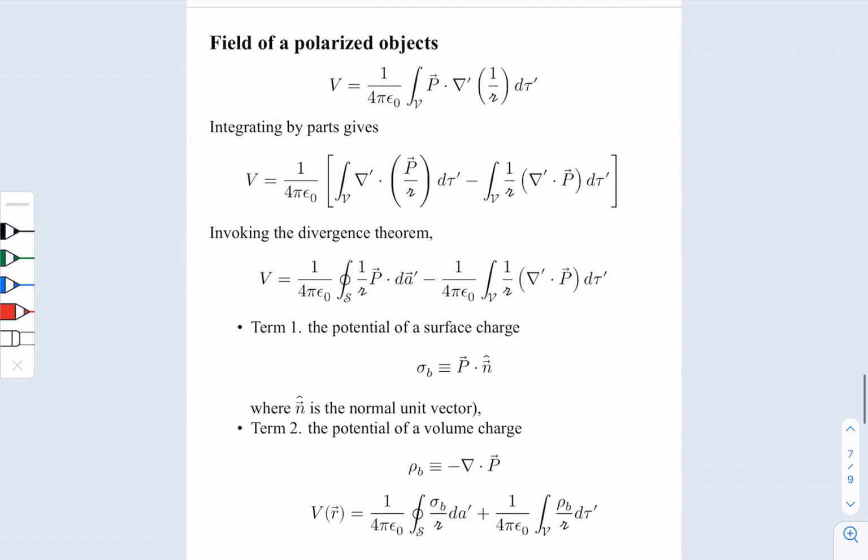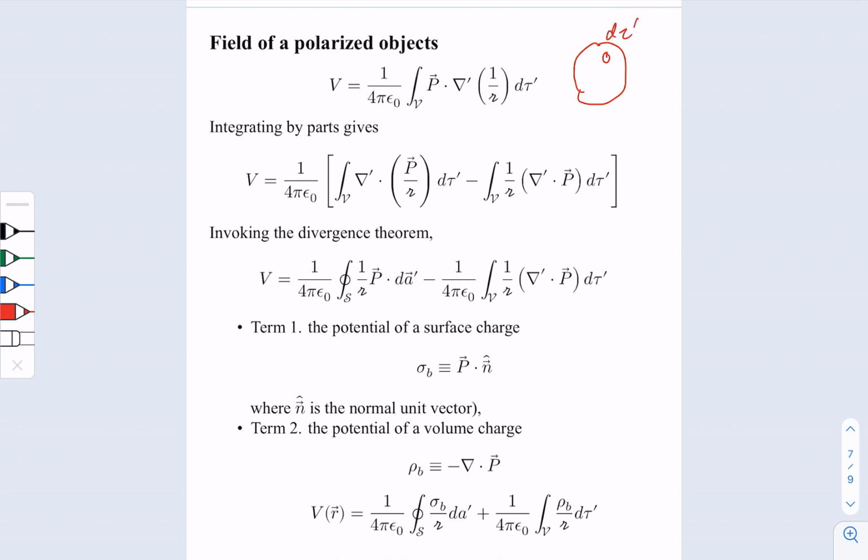So we want to study what kind of field this polarization vector will generate. The first step is that we can simply use the superposition principle. For this entire object, for an infinitesimal volume, it's the d tau prime.